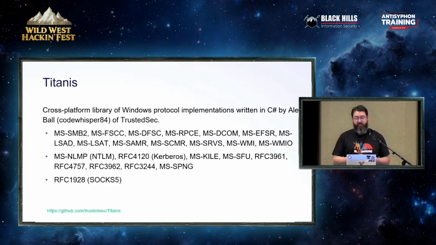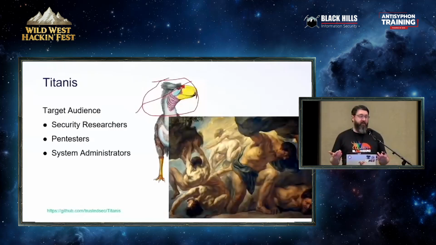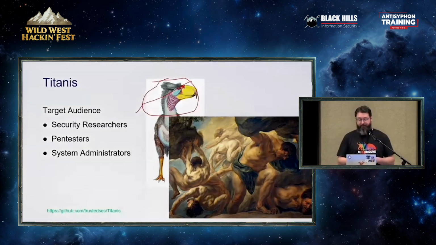Think of Titanis as being something like the Impacket library, but it sucks less. Titanis is meant to be a platform for people to build upon. I asked Alex if Titanis was named after the extinct bird, but actually it's a reference to On the Shoulders of Giants. Titanis means 'of giants.'